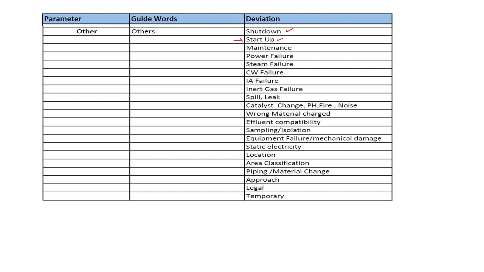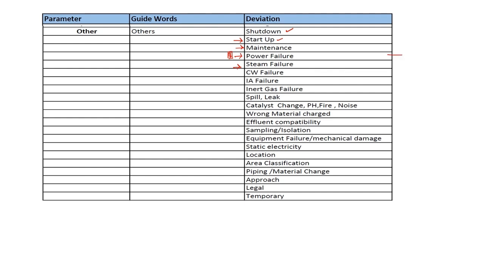So there may be a startup condition, there may be a situation of maintenance. Power failure, this is a very important thing when you are doing HAZOP for the whole complex. So how the power failure will impact your process, right? And then steam failure.